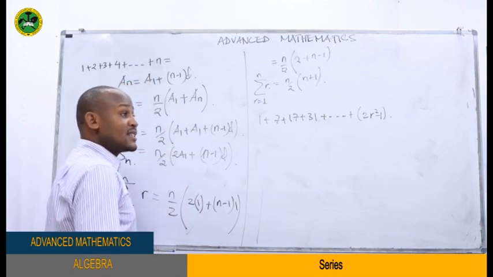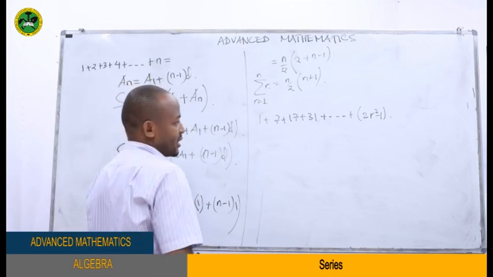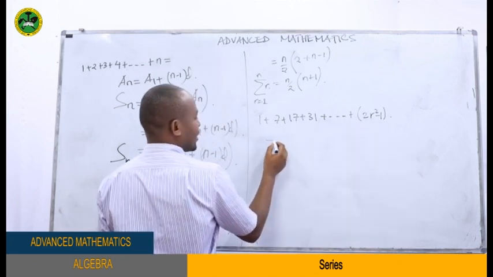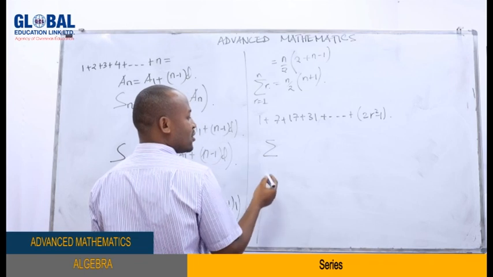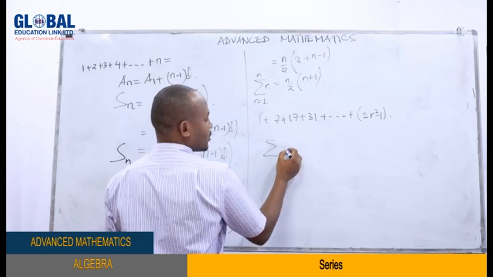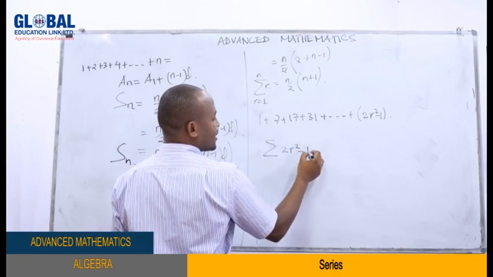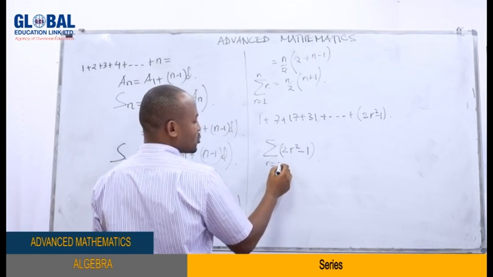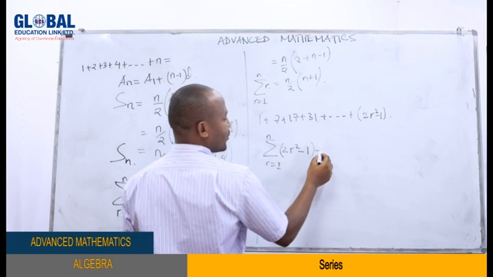Now how do we do that? That means we have to sum that part. That means the summation of 2r square minus 1 from r is equal to 1 to n will be equal to what?